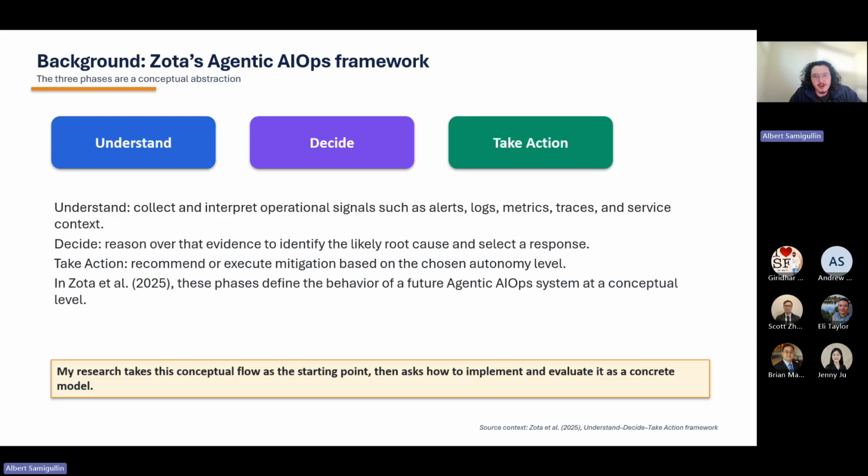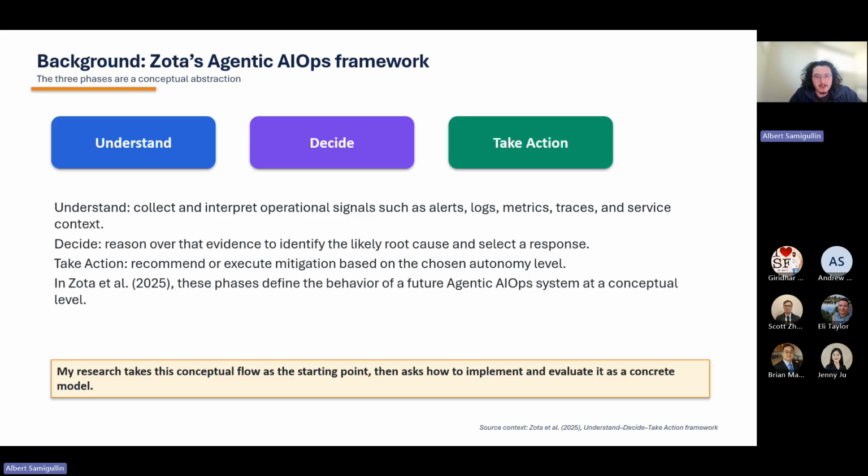Those are abstractions for how an autonomous operation system should behave. For example, understand means collecting and interpreting operation signals such as alerts, logs, metrics. Decide means reasoning over evidence, and take action means applying or recommending remediation steps. And in Zoda's paper, this is a conceptual framework for future agentic AI ops.